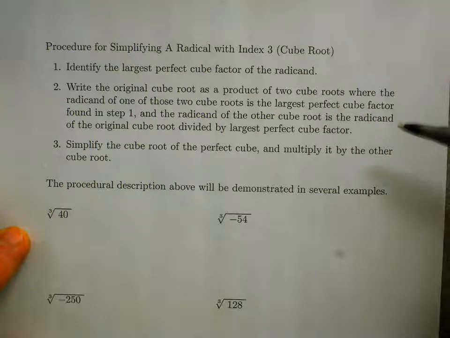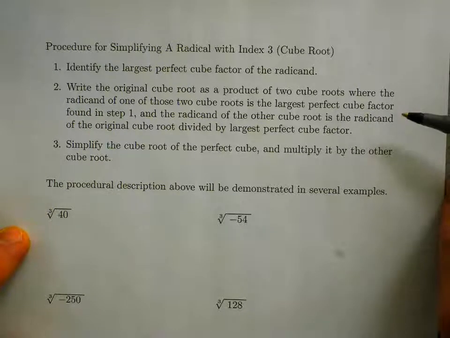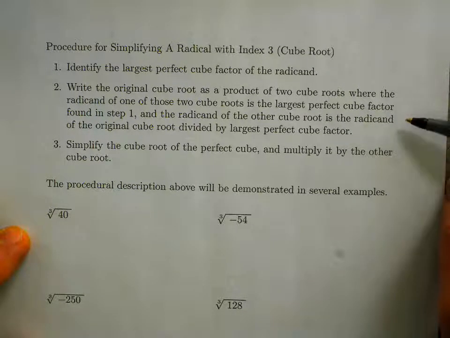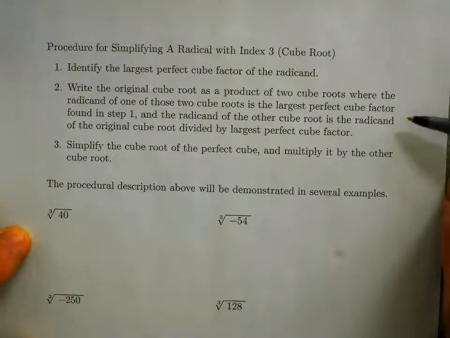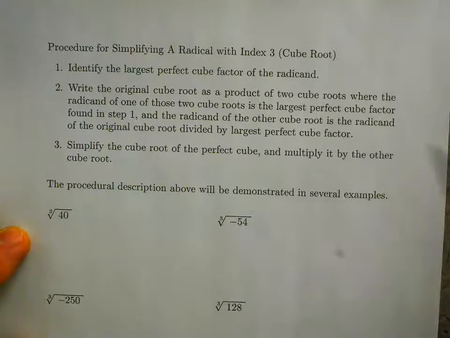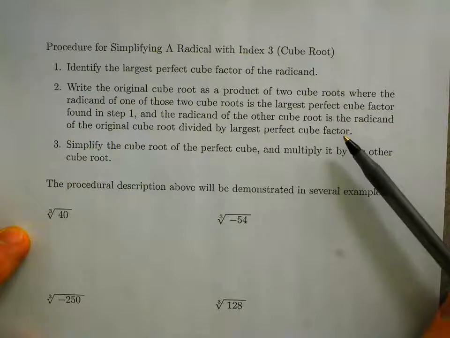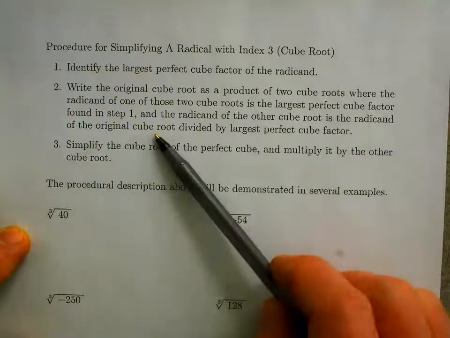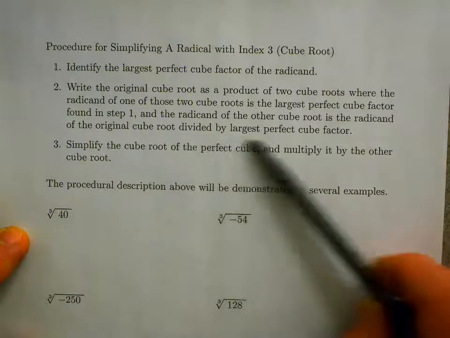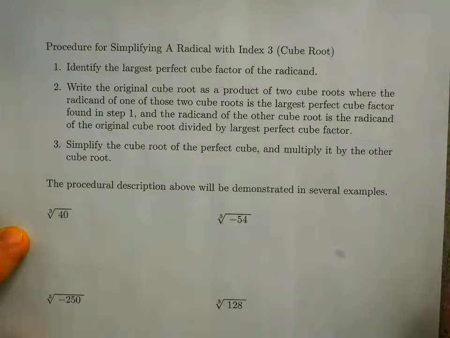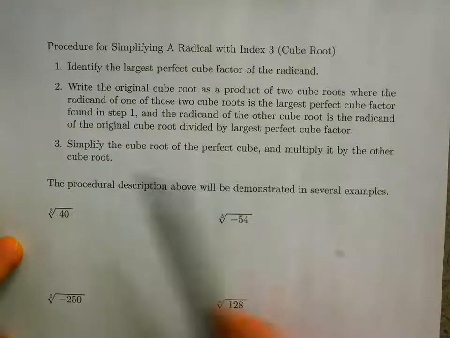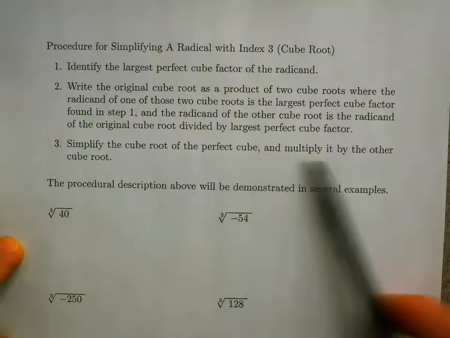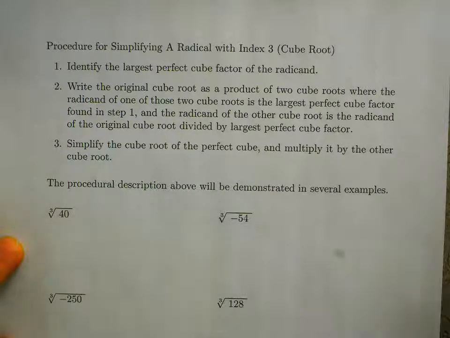And then write the original cube root as a product of 2 cube roots, where the radicand of one of those 2 cube roots is the largest perfect cube factor found in step 1, and the radicand of the other cube root is the radicand of the original cube root divided by the largest perfect cube factor. Simplify the cube root of the perfect cube and multiply it by the other cube root.